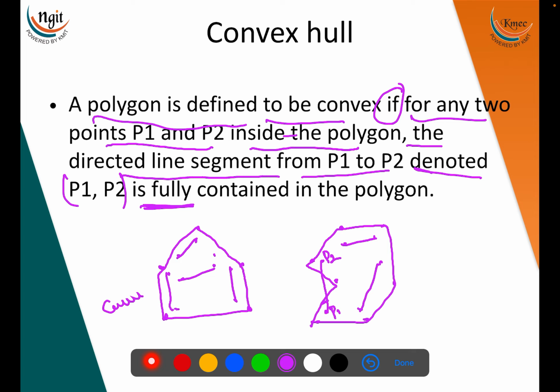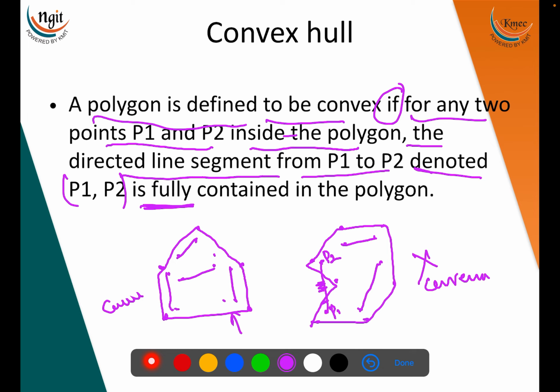Only some portion is covered, but some portion is outside the polygon. Hence it can never be called a convex polygon. By the mathematical definition, if you join any two points, the segment will lie completely within the polygon. So as far as that definition is considered, the first is called a convex polygon. The second is not convex, because when I join these two points, it is not covered fully. Hence it is not a convex polygon.